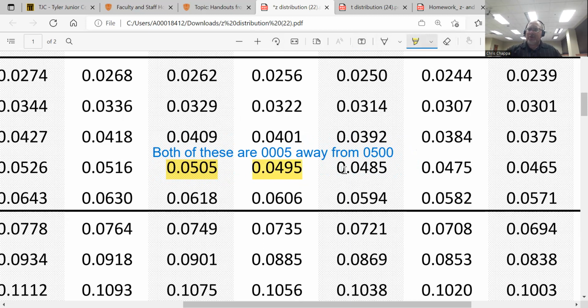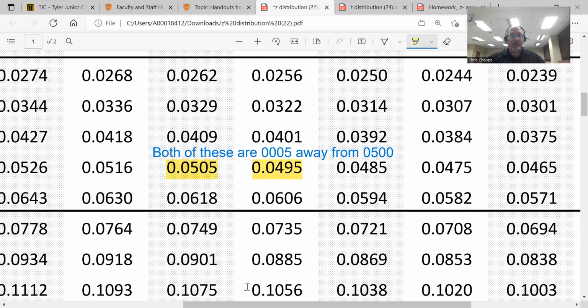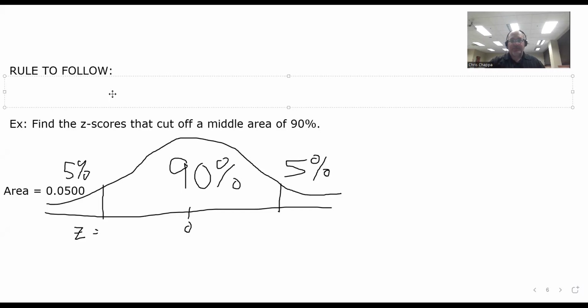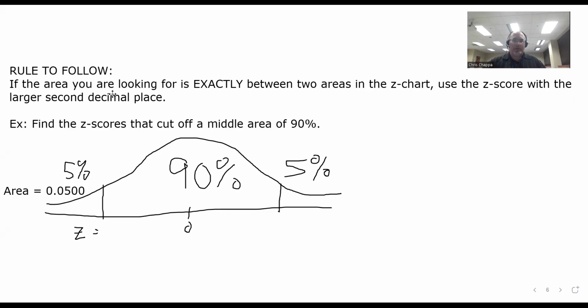So which one do we use? Because our rule is choose the one that's closest, but they're the same distance. Well, I've seen all kinds of approaches for this situation, but this is what we are going to do. The rule is going to be this. If the area you are looking for is exactly between two areas in the z-chart, use the z-score with the larger second decimal place.